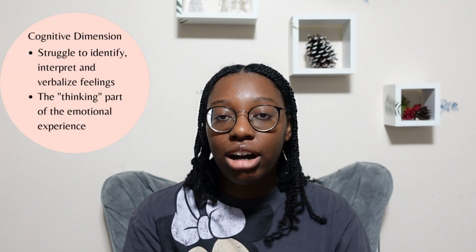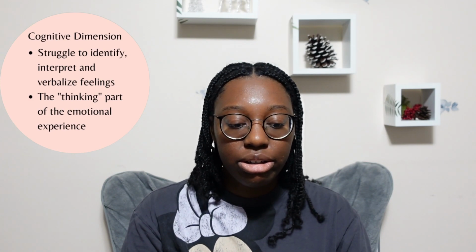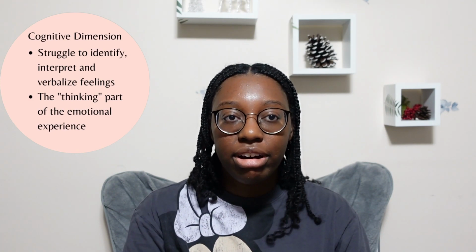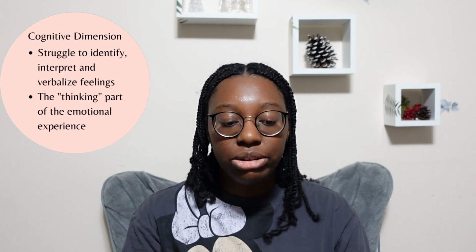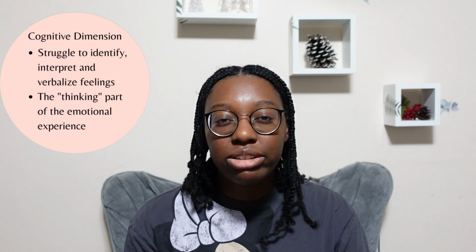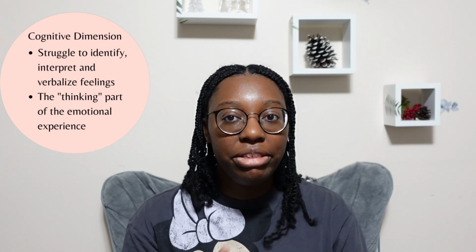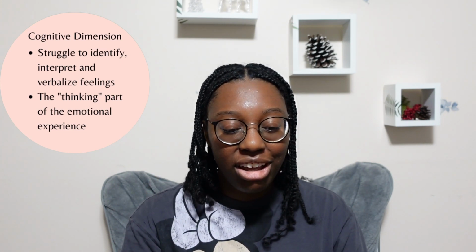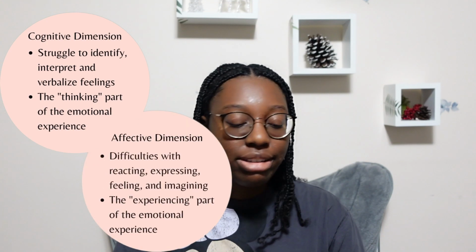And so along with the 4 key features, there are also 2 dimensions of alexithymia. The first is the cognitive dimension. That focuses on struggling to identify, interpret, and verbalize your feelings. So that really deals with the thinking part of your emotional experience.